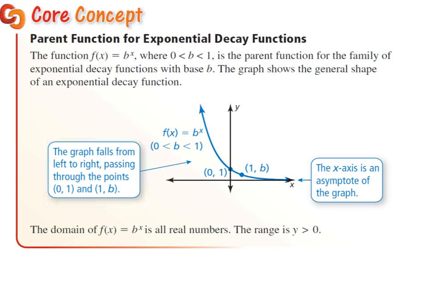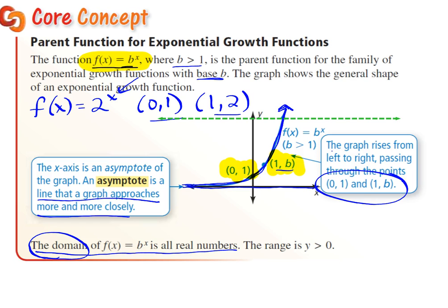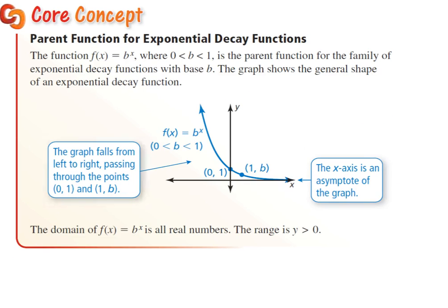So the biggest difference for this one is what the value of b can be. What did we learn about b for exponential growth? What was the restriction on b itself? It had to be greater than 1. What is the b value for this one? Okay, so for a growth function, b has to be something bigger than 1.